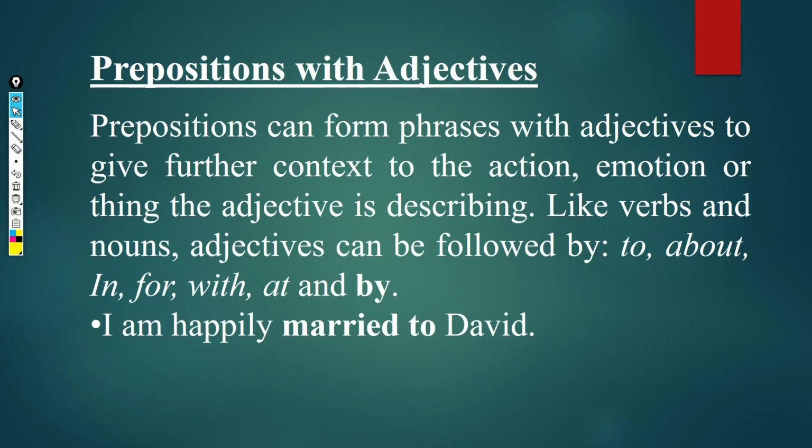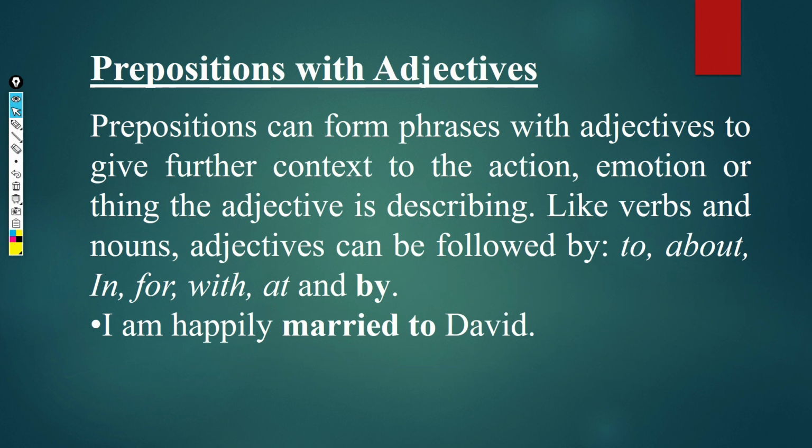Prepositions can form phrases with adjectives to give further context to the action, emotion or thing the adjective is describing. Like verbs and nouns, adjectives can be followed by, look at the words, to, about, in, for, with, at and by. Now, how they can be used, let us study by means of examples.